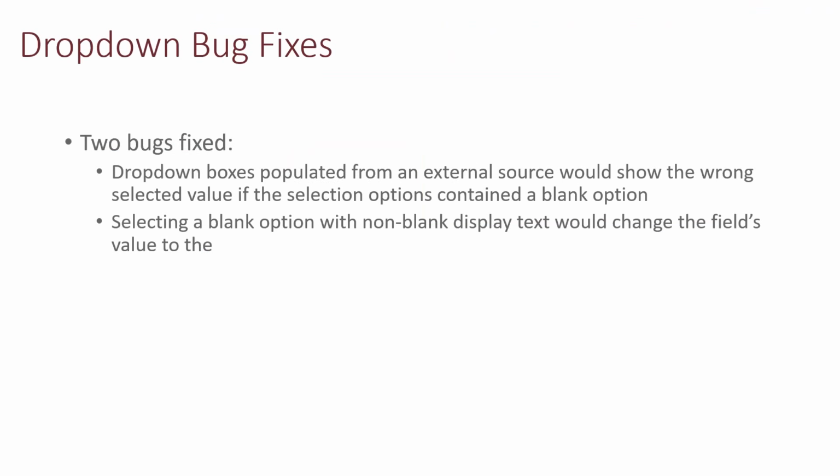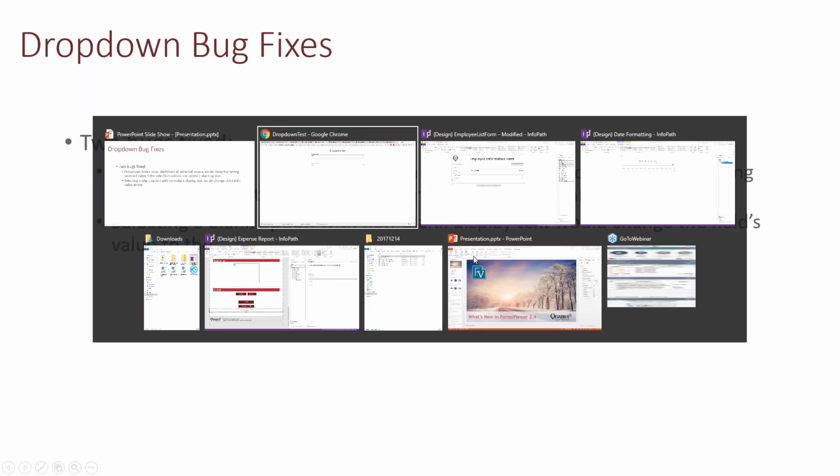One other similar bug was that if your drop-down box had hard-coded selection values, and one of them was a blank option with non-blank display text, what would happen if somebody selected that blank option would be that the display text would actually be stored in the field.